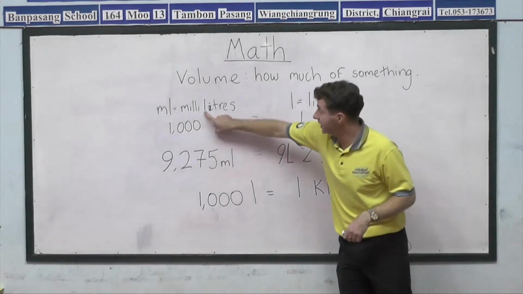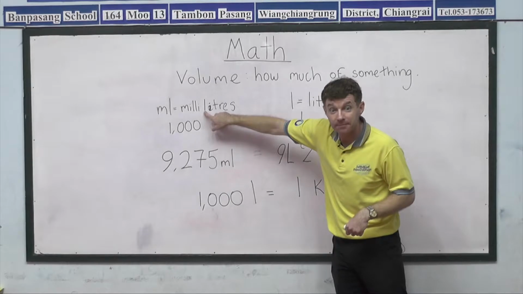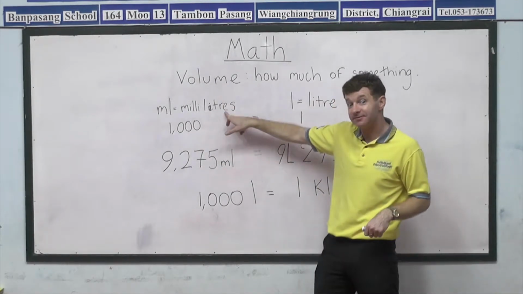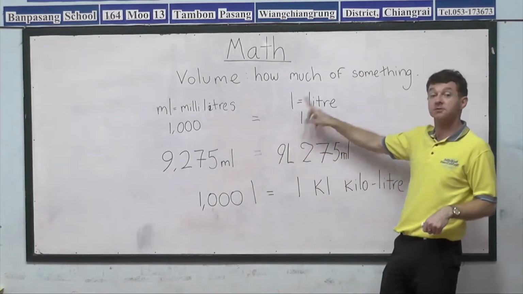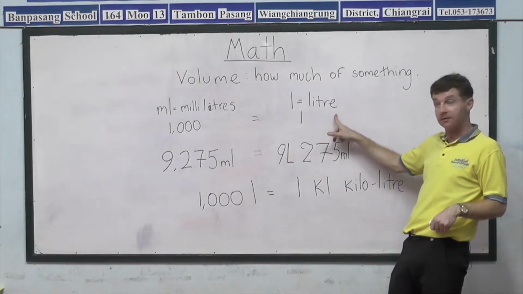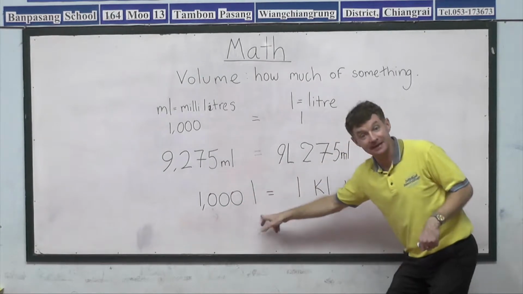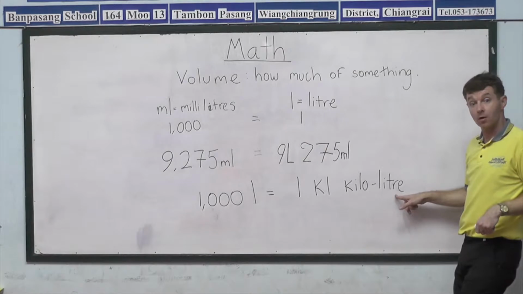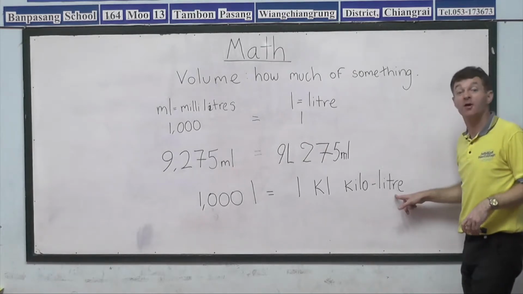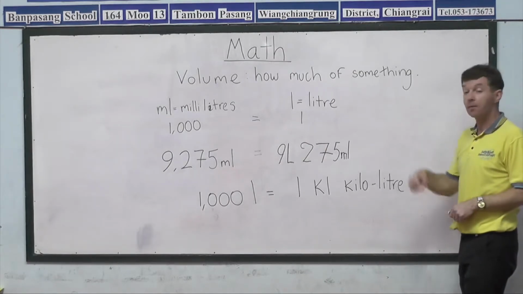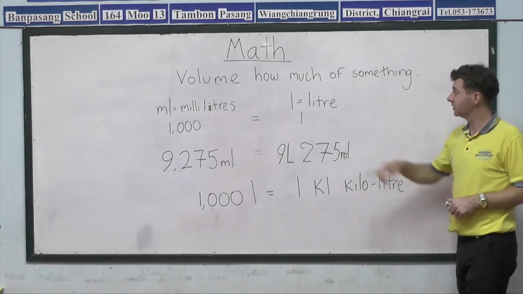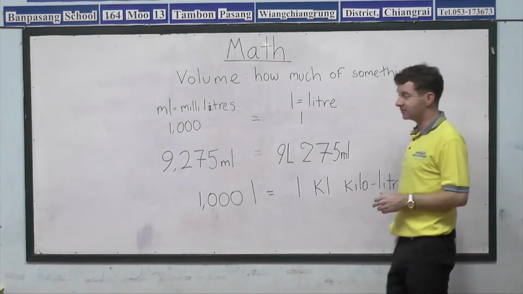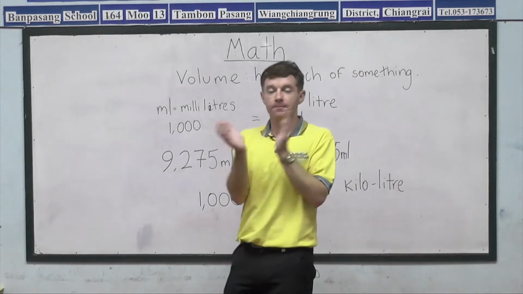What we're doing here is we're changing the M to an L. So 1,000 milliliters equals 1 liter, and 1,000 liters equals 1 kiloliter. Okay? Milliliters. Liters. Kiloliters. Excellent. Round of applause, guys. Well done.